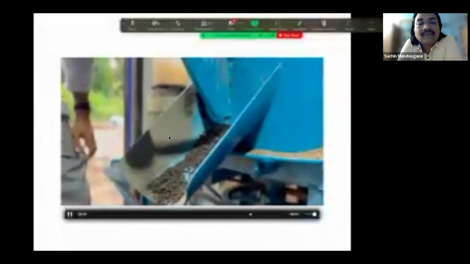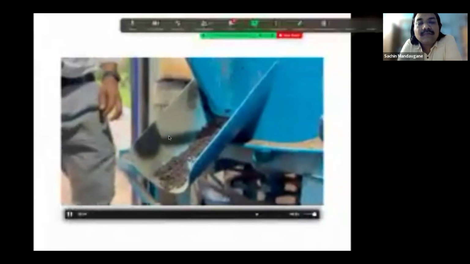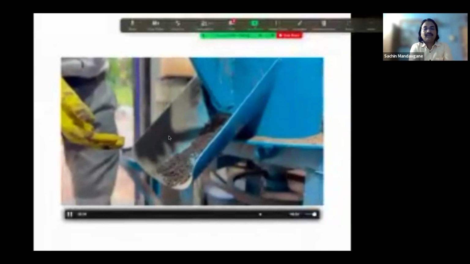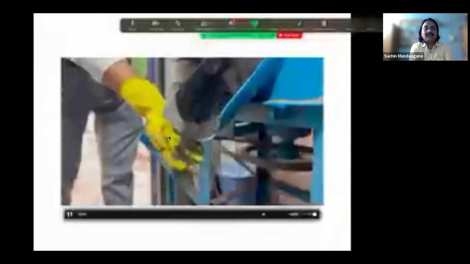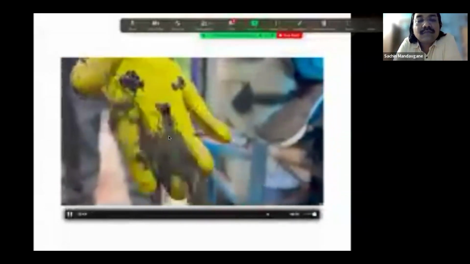We can produce granules using biomass ash and compost of desired diameter. We can tailor the diameter based on the requirement. The maximum diameter that we achieved is around 6, the minimum is 2. 4 millimeter is the recommended diameter as far as FCO is concerned.